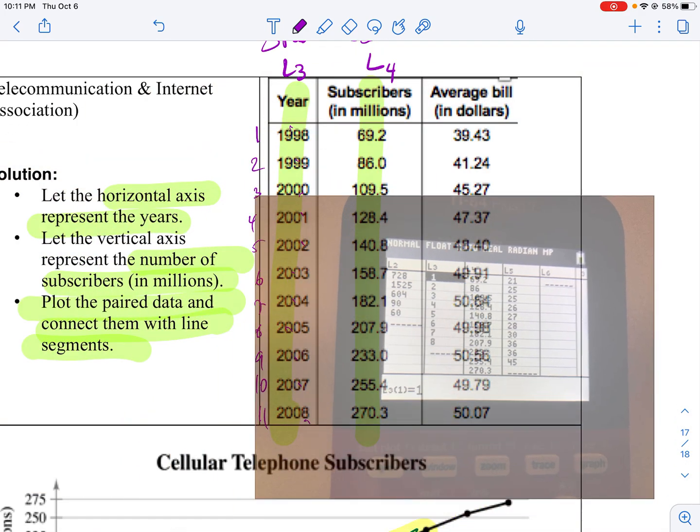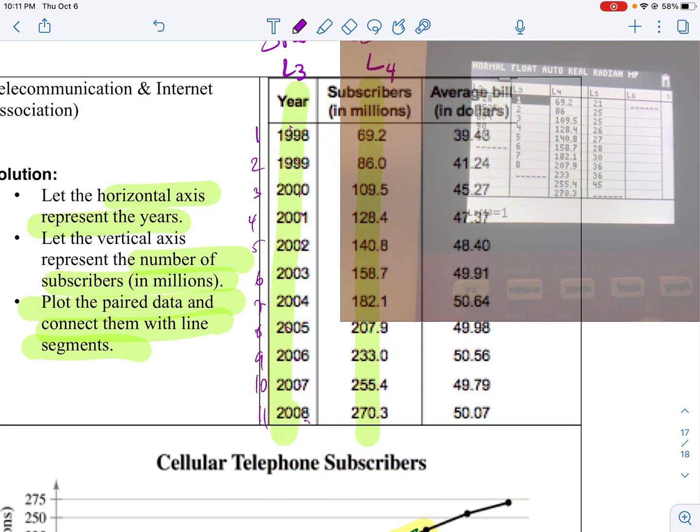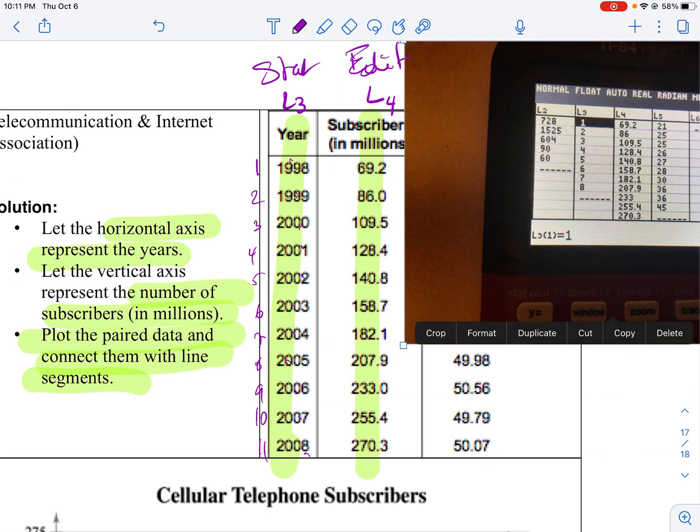I'm trying to figure out where I made a mistake, because it's so easy. The subscribers are 69.2, 86, 109, 128, 140, 158, 182, 207, 233, 255, 27.